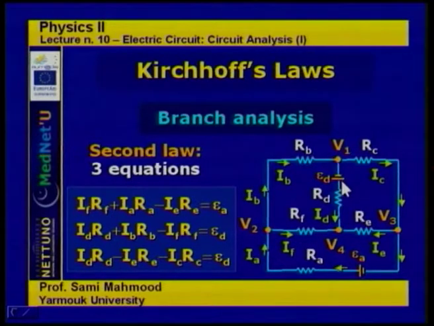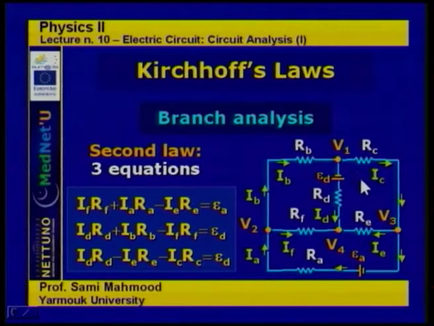So it must be equal to IDRD, it's going with the direction, minus IERE, we are going against the current here in RE, and then minus ICRC, because again we are going against the current in RC.